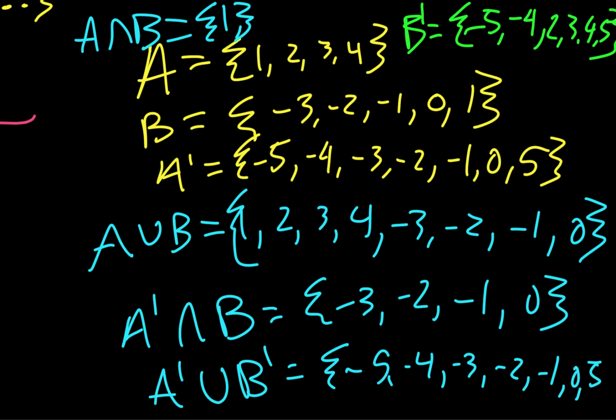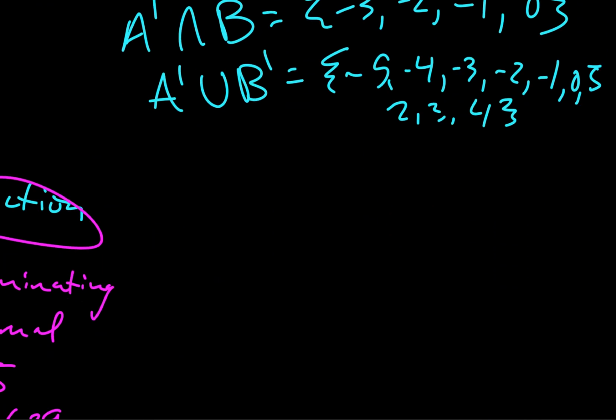And then anything that we didn't write. So we already got -5, already got -4. We need 2, 3, and 4 in there. So 2, 3, and 4. So this is all one set right here. Okay, that finishes that problem.